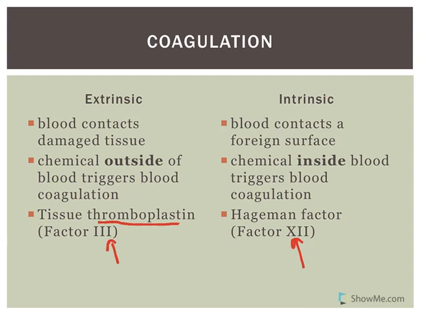It's normally outside of the blood. So that's why for extrinsic you can think "outside." In the intrinsic pathway, the chemical needed to initiate it is normally found inside the blood. So with intrinsic, everything you need to be able to clot the blood is normally inside the blood. But here the blood has contacted a foreign surface.